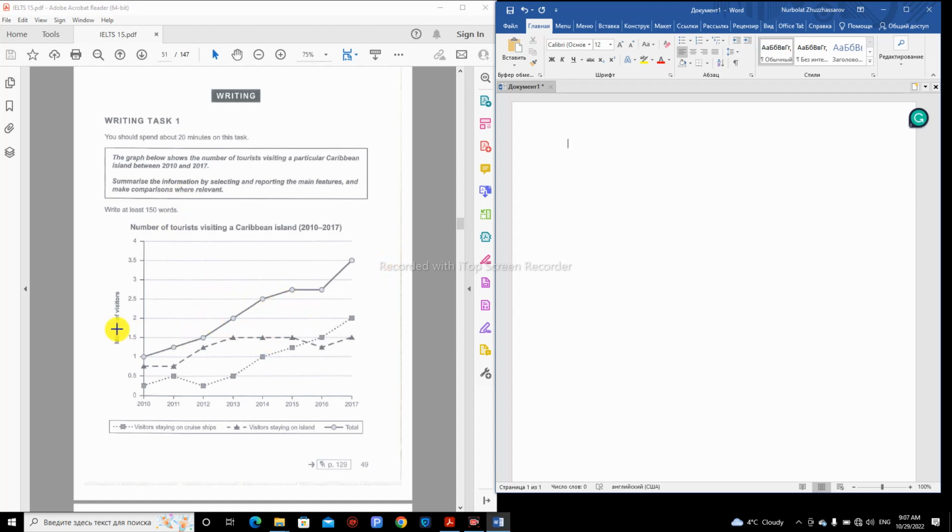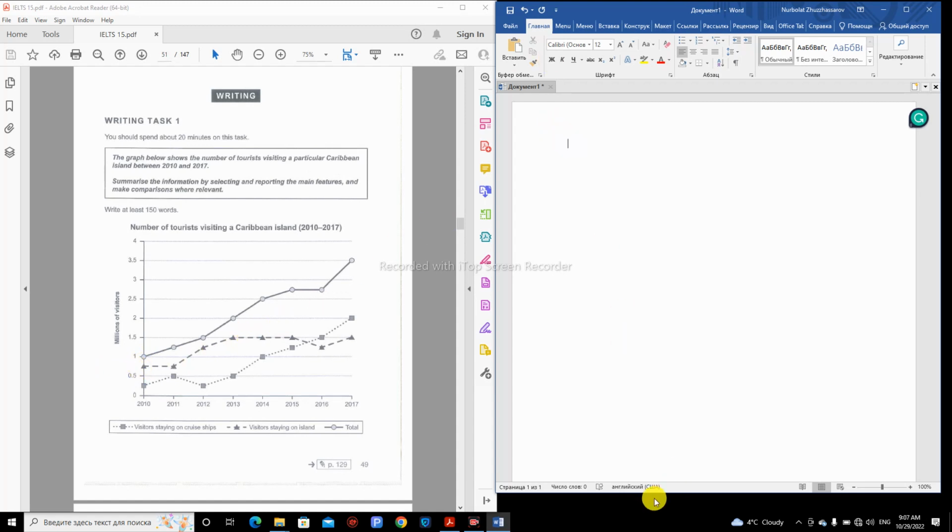When we look at the x-axis, we have years, so it's a 7-year period, and on the y-axis we have millions of visitors. So the number 1 means 1 million people visited the Caribbean island.